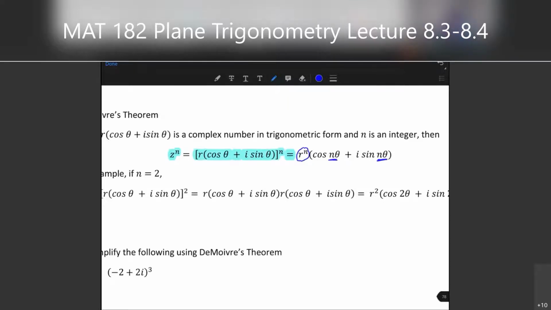Again, this is similar to a power rule in the logarithm cases. So raise our modulus to the n power and then multiply by the power in our argument.